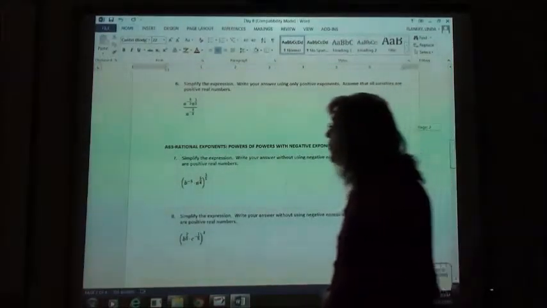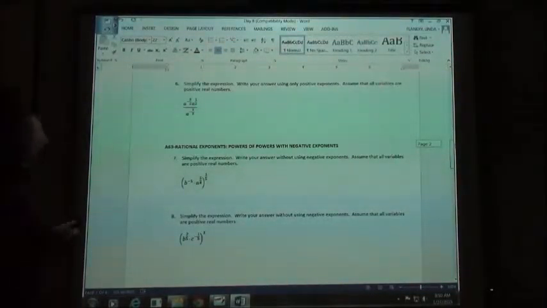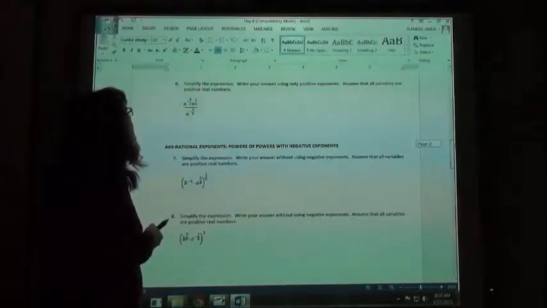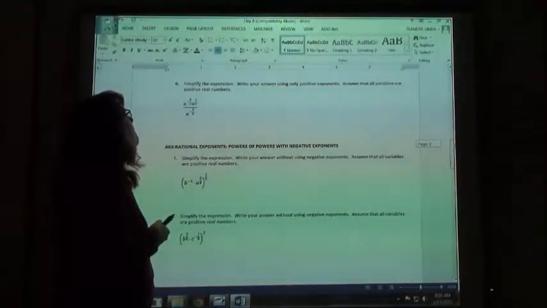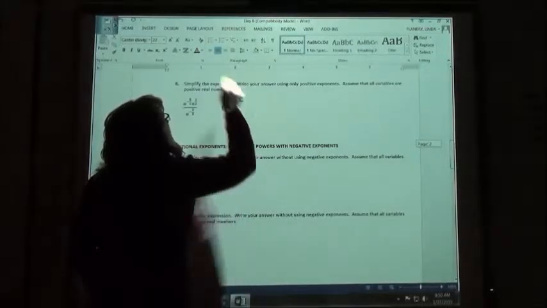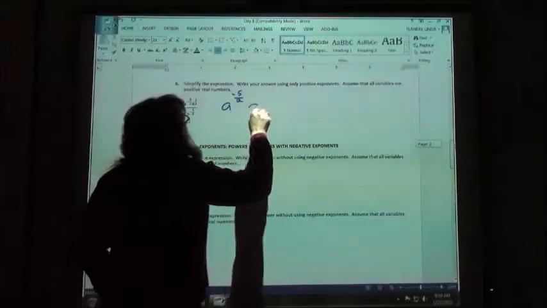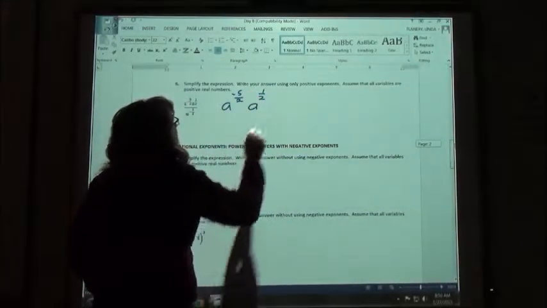So number 6, if we rewrite that one so it's just a multiplying problem, what should I have? A to the minus 5 halves. Yeah, 5 halves. A to the 1/2. A and 1/3.